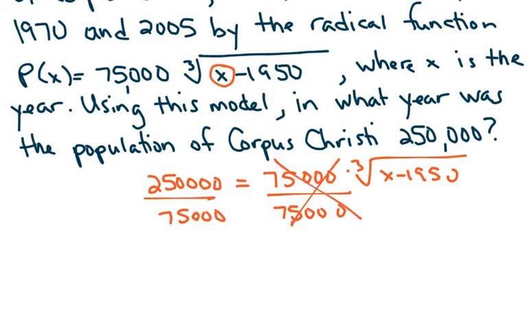Then, to get rid of the cube root, you do the inverse operation to the other side of the equation. The inverse of cube rooting is cubing.